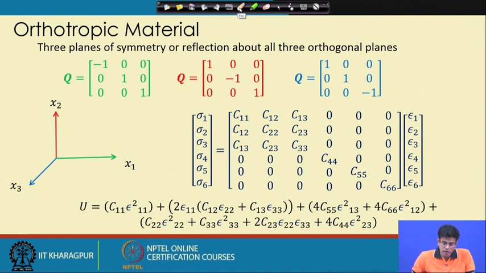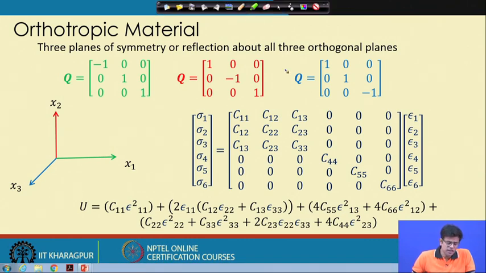Now, for an orthotropic material, as I have just told, there are 3 planes of symmetry, or reflection about 3 orthogonal planes. It is essentially the x1 x2 plane, the x2 x3 plane, and the x1 x3 plane. So there are 3 rotation matrices we can derive.